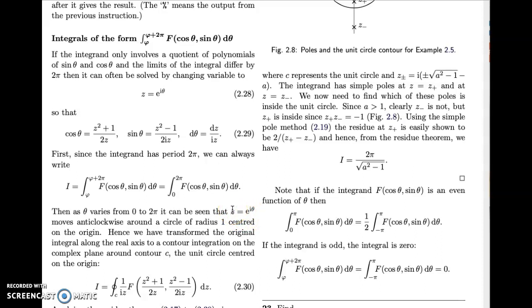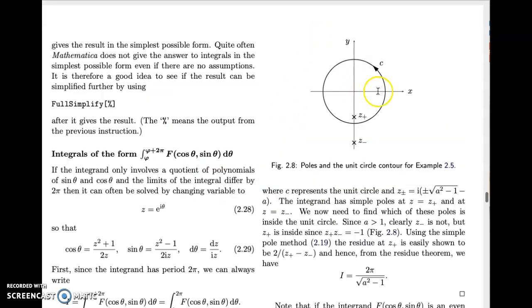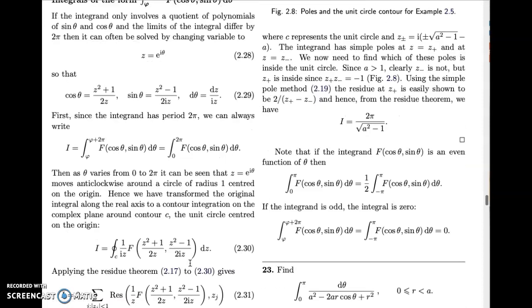So the original integral has now been transformed to a contour integral. We haven't actually had to think about the contour integral, it's just automatic when we change this variable. So the contour just looks like this, an anti-clockwise integral around a circle.